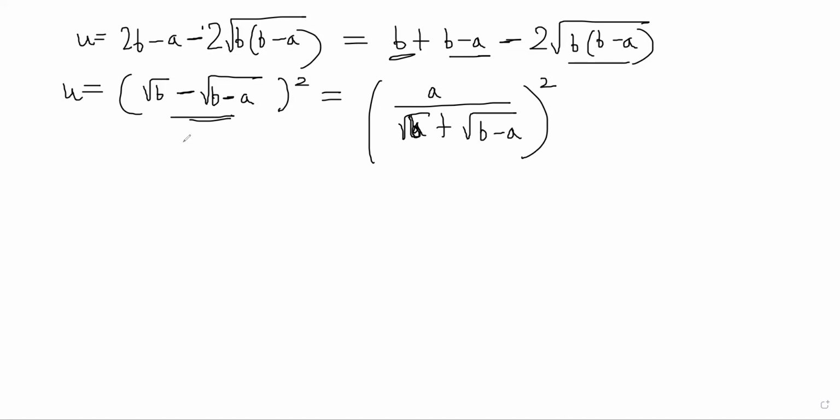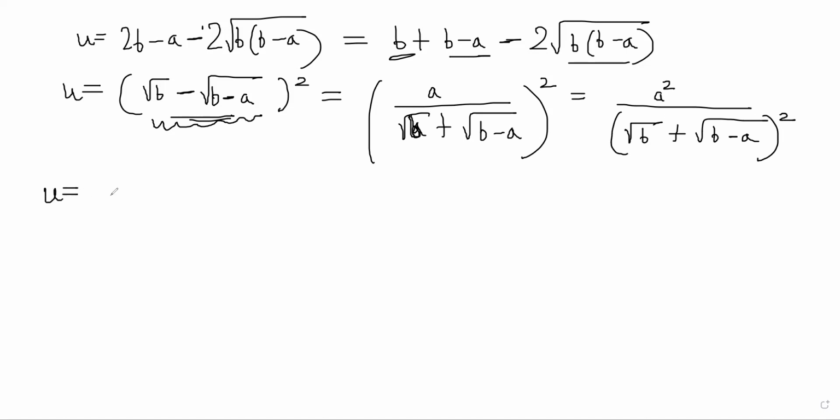I'm just saying that this radical expression, I'm writing it in terms of its conjugate like this, right? Great. So this is equal to a square by root b plus root b minus a whole square, which we can rewrite by saying a by, and the extra a I will take in the denominator. So I will say it is root b plus root b minus a whole square by a.